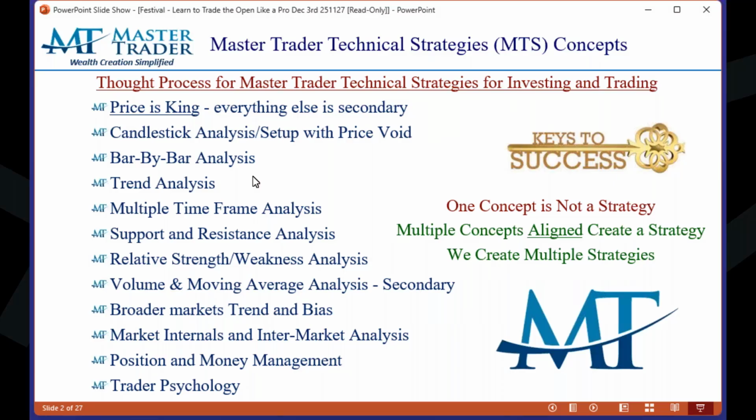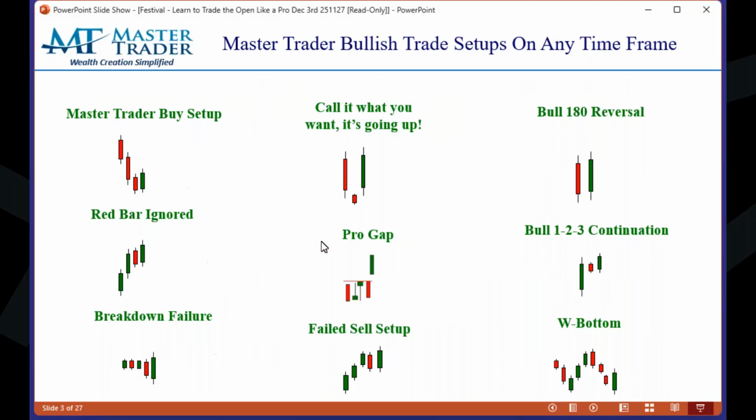It amazes me that people will spend hours researching the purchase of a cell phone or an Apple Watch or whatever the case. But then they just come to the market and they'll throw $50,000 onto a trade, and I'm like, well, why'd you do that? Well, I don't know. I heard it on a message board that AI stocks are rocking, so I'm just going to get on board.